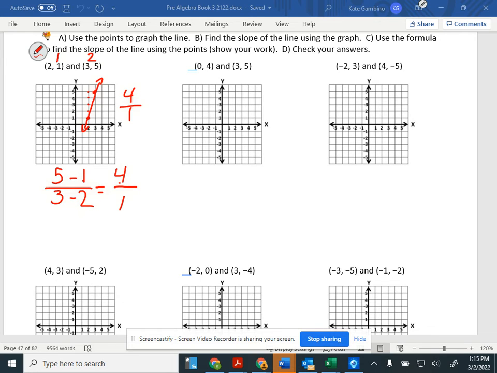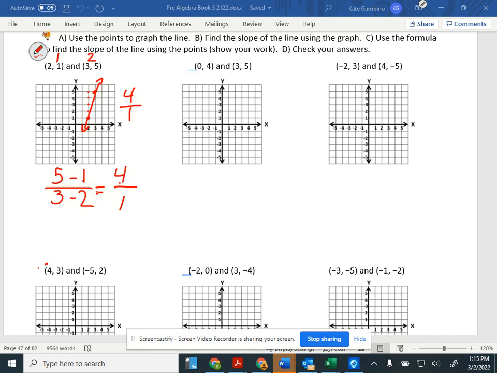And it's getting us comfortable using the formula, because then we're going to end up getting coordinates that aren't graphed, and they're way too far away to make a graph of it to be able to count. Because remember, a line goes on and on and on.